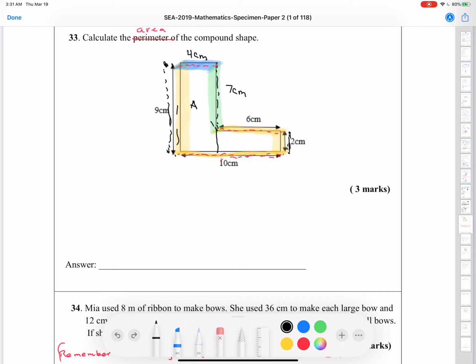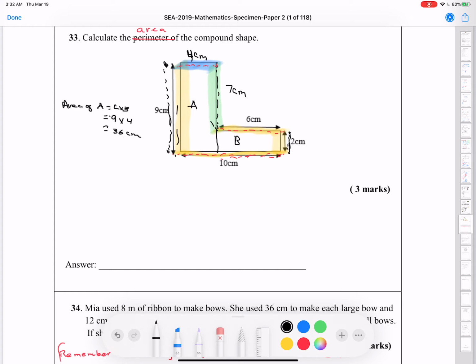Right. So we can, let me put back my A and B. Area of rectangle A equals length times breadth equals 9 centimeters times 4 centimeters. That's 4 up here. 9 4s are 36 centimeters.